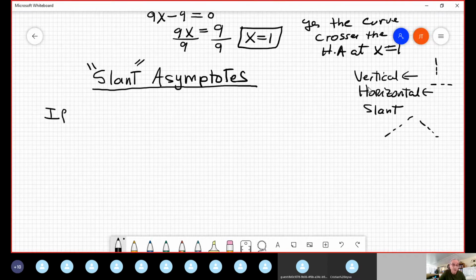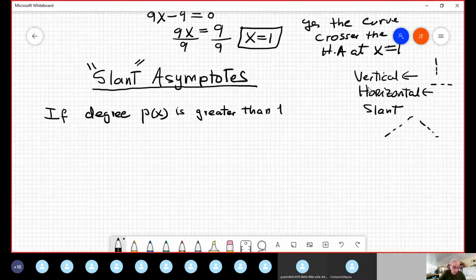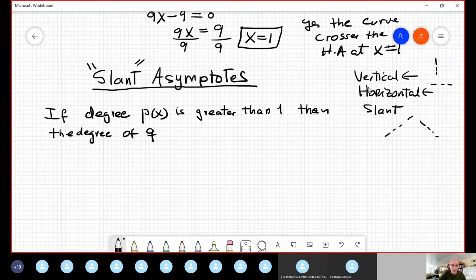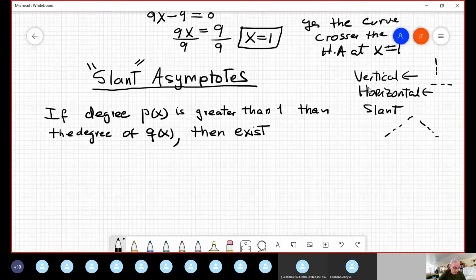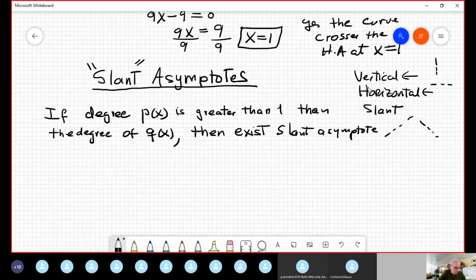If the degree of the polynomial in the top, P, is greater than the degree of Q by just 1, not 2, then a slant asymptote exists. Okay? One example to understand this.